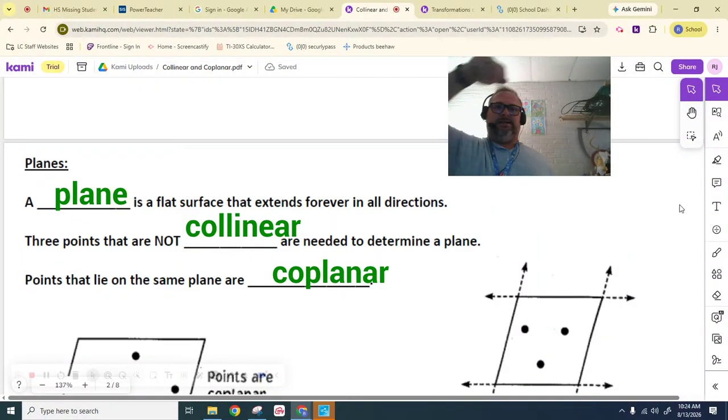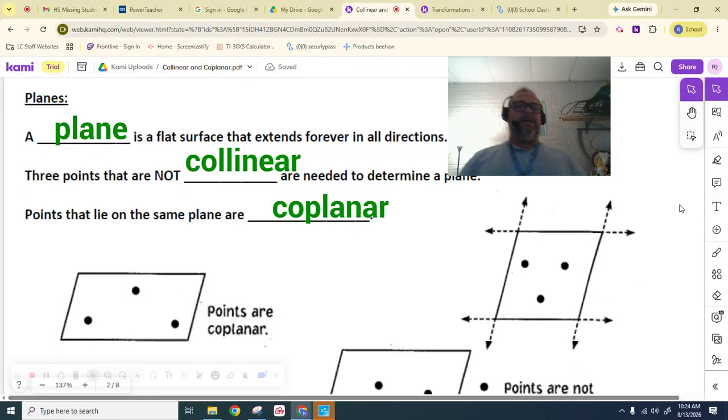Those are your planes. Okay? Now, if they're on the same plane, they are coplanar. Ready? Coplanar. Okay, yeah. You go slow and then real fast. Okay, so coplanar. Yeah. Not a complainer. Okay, some of y'all are really good at that already.